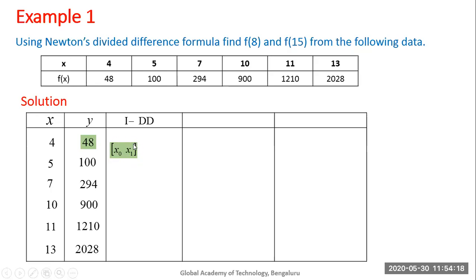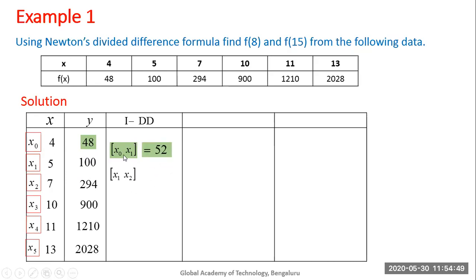To find its value, take the difference of y values, that is 100 minus 48, and divide that number by x1 minus x0, that is 5 minus 4. Let me label them x0, x1, x2, x3, x4 and x5. So the first divide difference is 100 minus 48 divided by 5 minus 4, and you get it as 52.